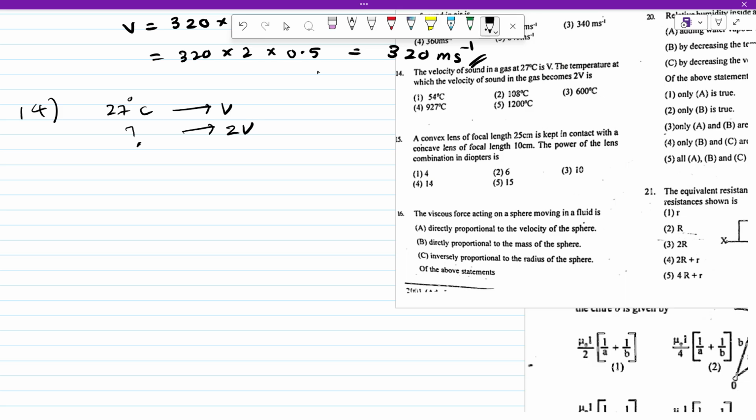In these kinds of questions, it's a must to convert this Celsius into Kelvin.